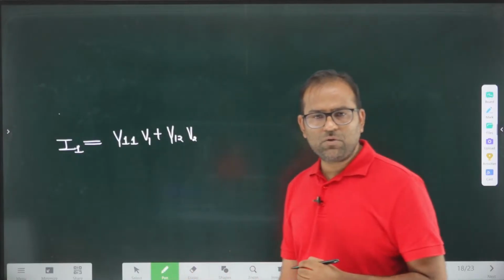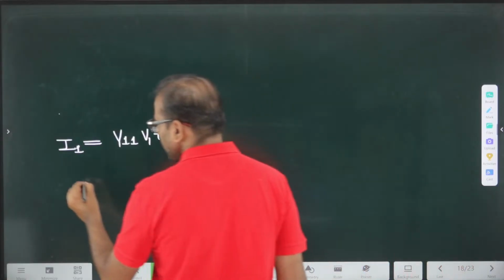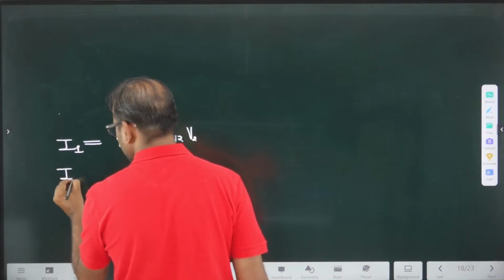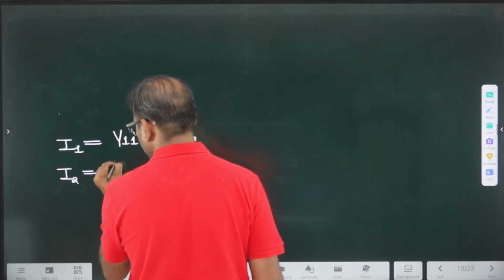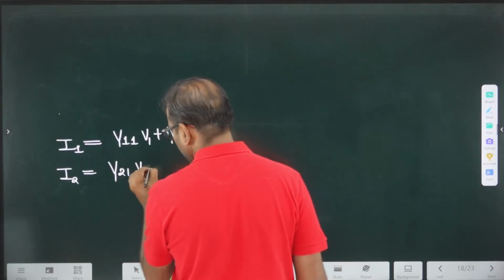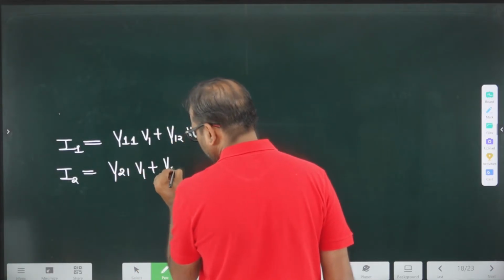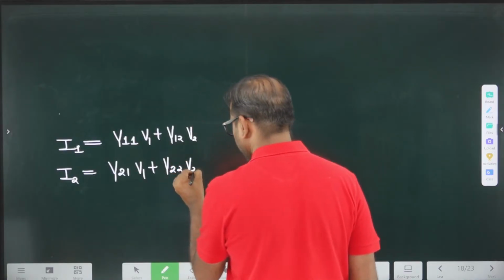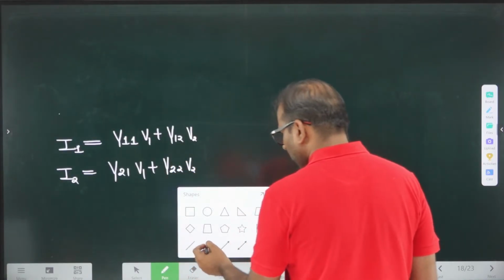Correct? And how you define the I2? I2 can be written as Y21 V1 plus Y22 V2.